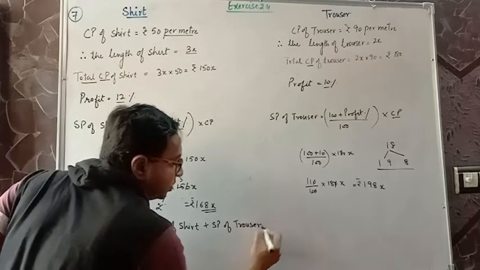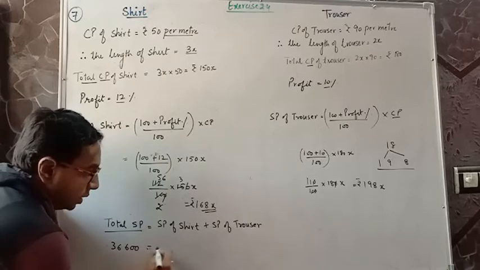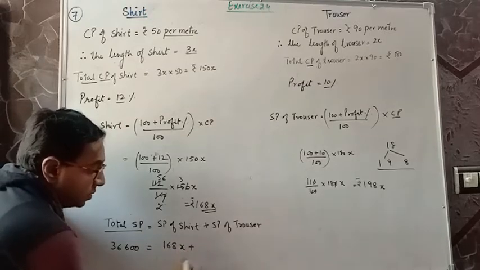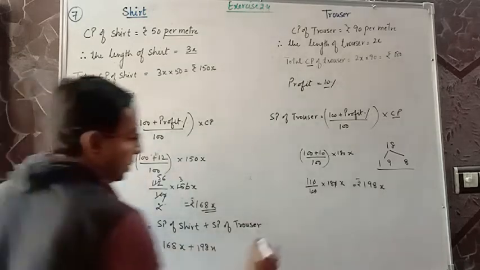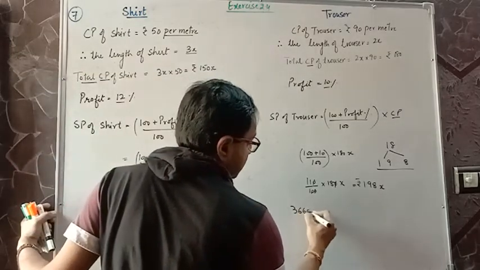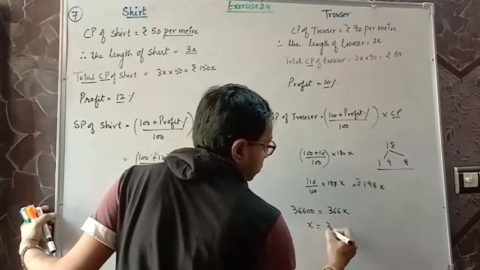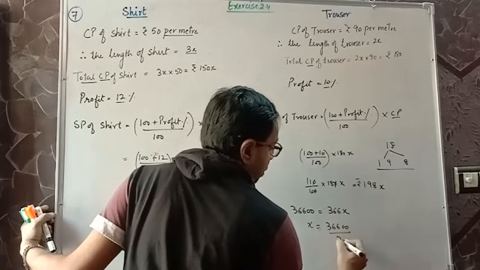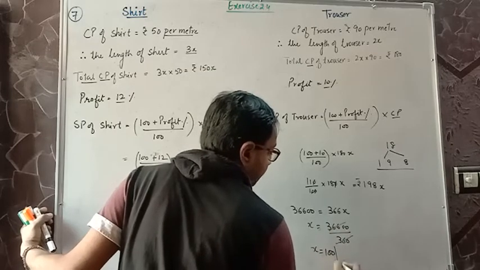Yes or no? This is because the total he earned is 36,600. That's one, and it's equal to 198x plus 168x. If we solve, we'll get 36600 is equal to 366x. x is equal to 36600 upon 366. If I solve it, I'll get x is equal to 100.